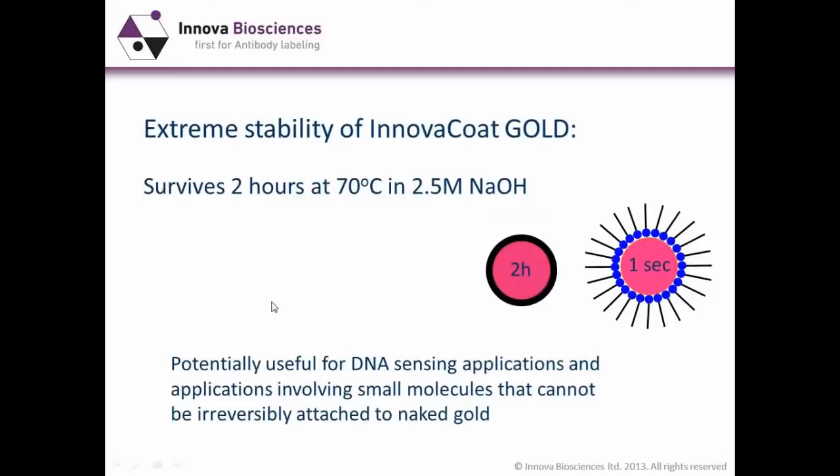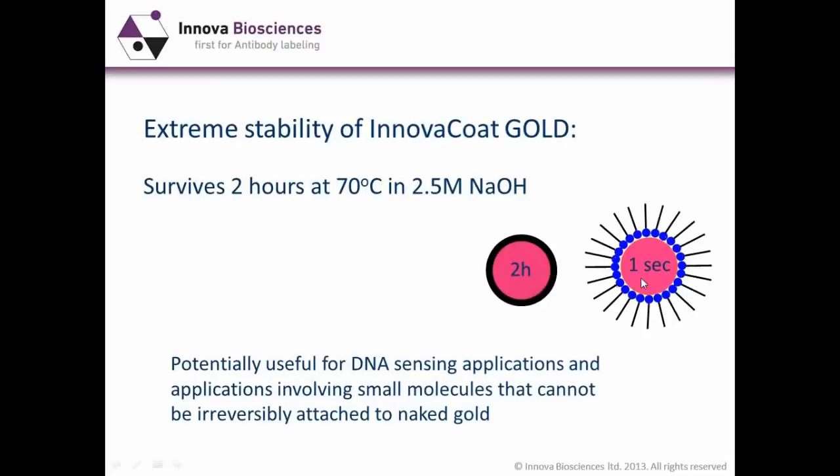Probably worth mentioning at this point the extreme stability of Innovacoat gold. It will survive 2 hours at 70 degrees C in 2.5 molar sodium hydroxide. So this is a pretty extreme QC test that we use. Materials made with traditional technologies, if you like, won't survive. You can't really measure it.